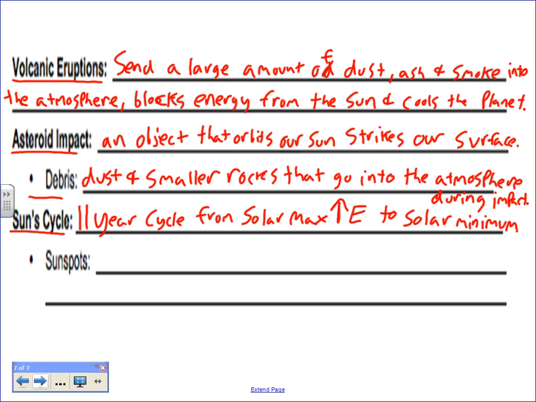So it's an 11-year cycle where you have solar maximum, where the energy is the highest, to solar minimum, where energy is very low.